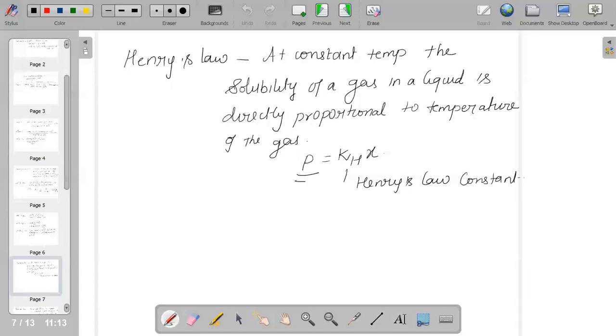Hence, you can say pressure is directly proportional to the solubility. That is, pressure becomes equal to Kh into X, and Kh is taken as Henry's law constant. So at the same temperature, different gases will have different Kh values. It is an important factor to note.